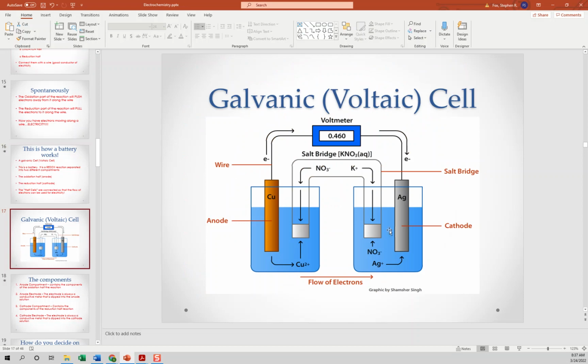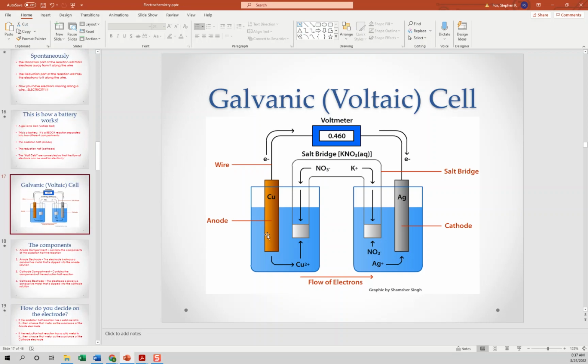So let's look at a galvanic cell setup. Here we've got solid copper and copper ions in solution, and over here we've got solid silver and silver ions in solution. It's telling us that the electrons are flowing from the copper to the silver. What's really happening is the electrons are coming from the solid neutral copper, and as that solid neutral copper pushes its electrons away, the copper solid becomes copper 2+ ions in solution.